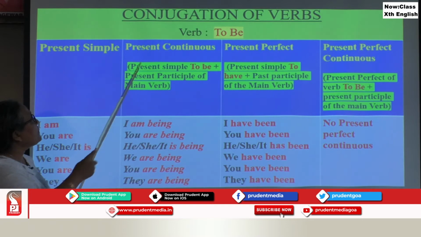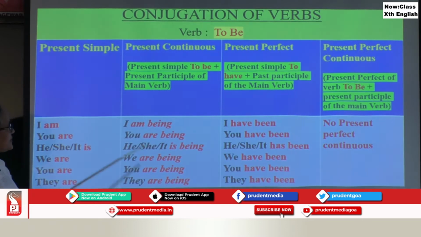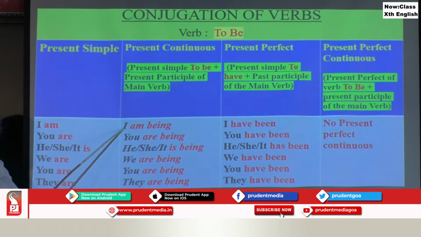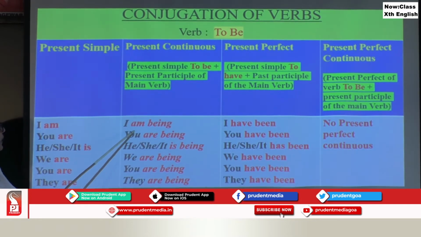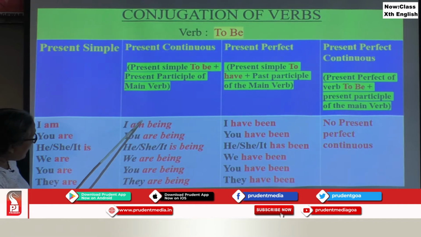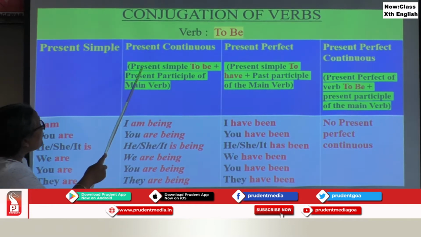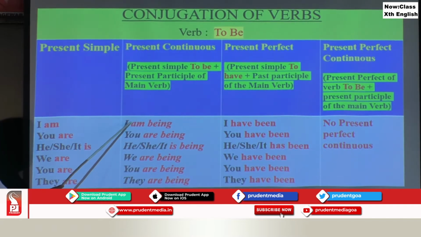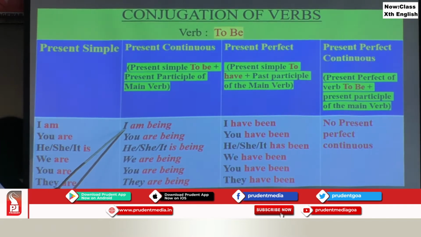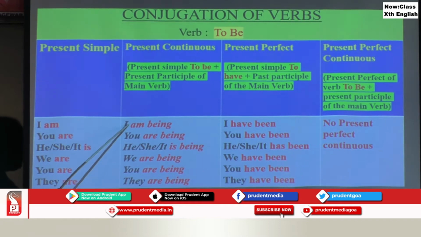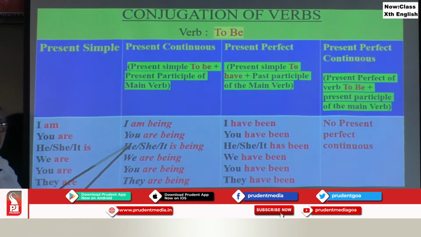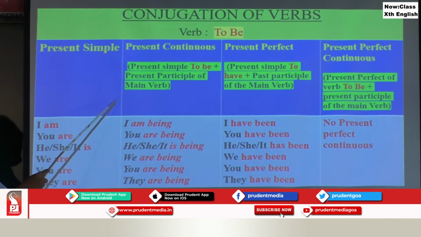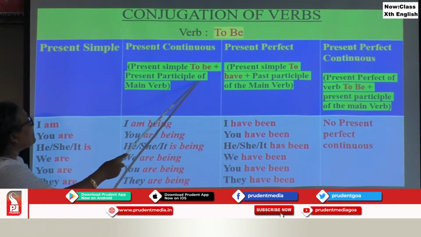So, you make present continuous like this. I, the subject, the personal pronoun. Am is present simple of verb to be with the first person pronoun I. So I am is verb to be. You take help of verb to be, and the present participle of the main verb.